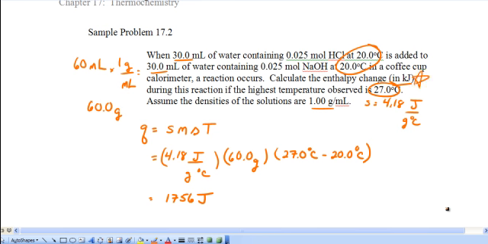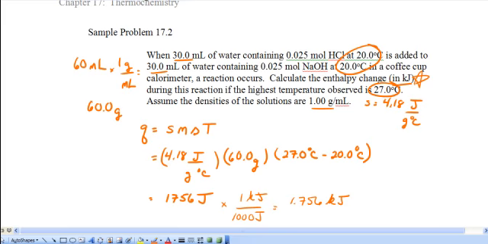So if you want to change this into kilojoules, you just have to divide by 1,000. 1 kilojoule is the same as 1,000 joules, or just simply move the decimal 3 to the left, and you'll get 1.756 kilojoules of energy. So that's how much energy was released when you mixed the HCl and the NaOH together.